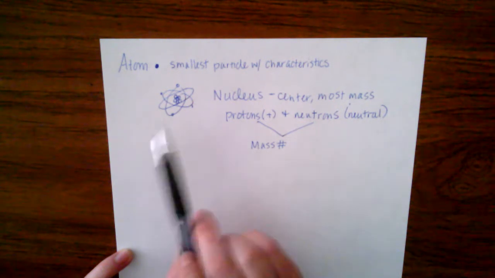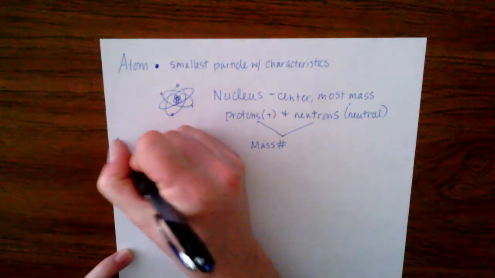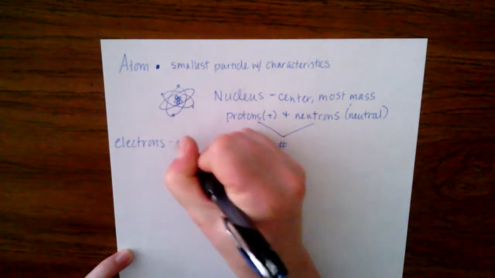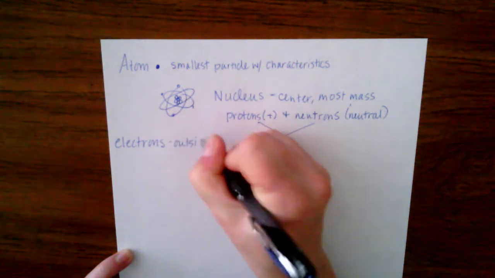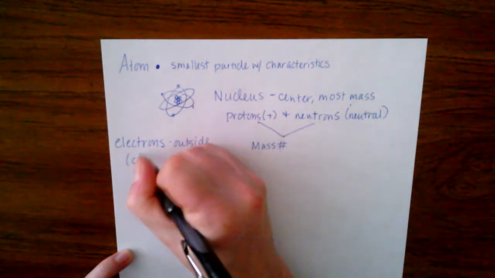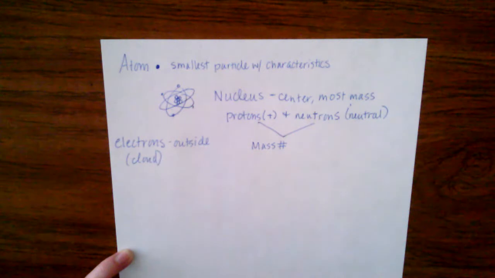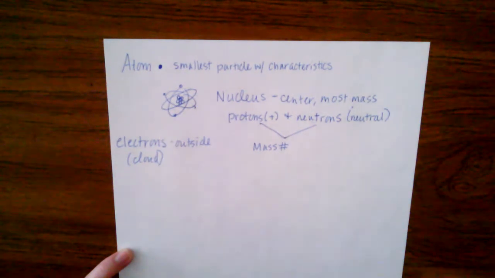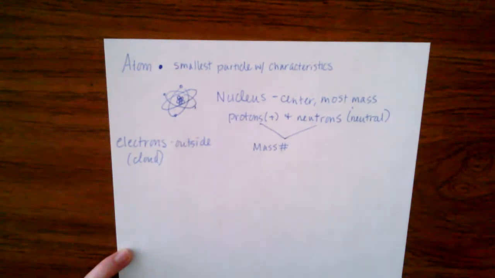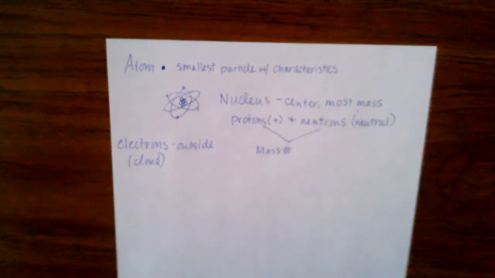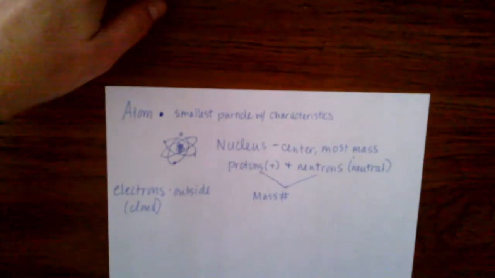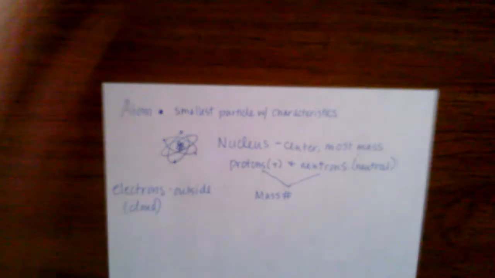Those are the electrons are on the outside in a cloud. So they're just kind of bouncing all over the place, making a little cloud around the nucleus. We do have something that we call orbitals, which are just areas where we think the electrons are.